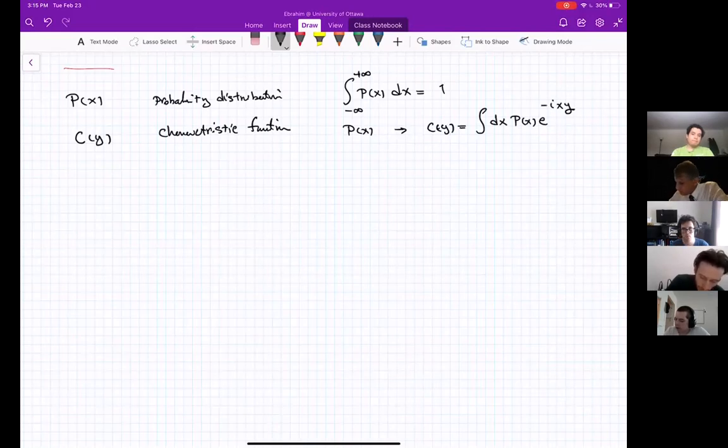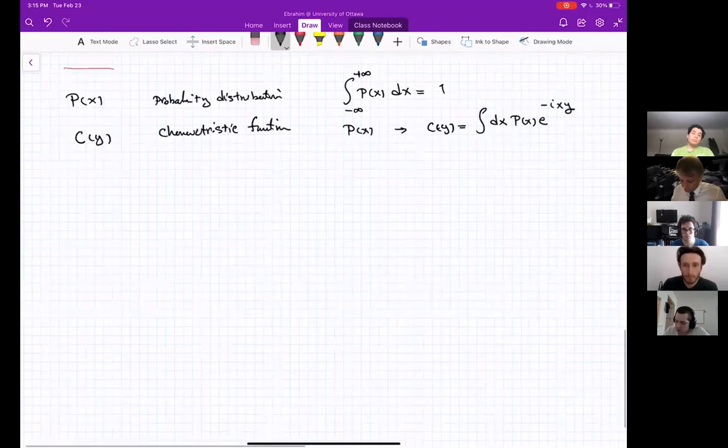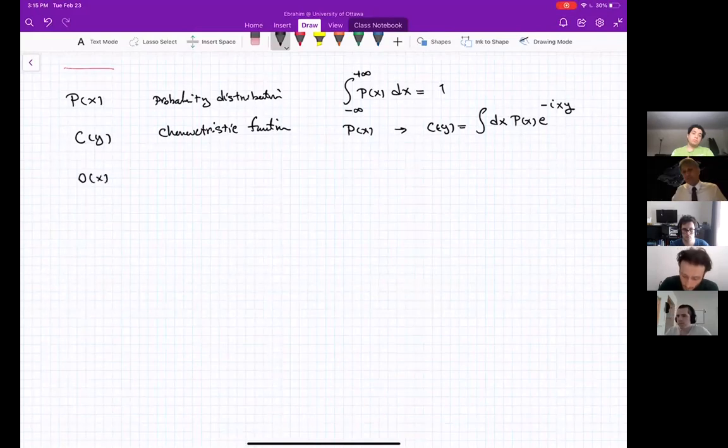Okay. And can someone tell me, if I want to look at, let's say, the expectation value of a certain quantity, the quantity that I have is O. And definitely this quantity O is a function of X because it has a certain functionality on X. Can someone tell me what is the expectation value of O? The integral of O(x) P(x)?